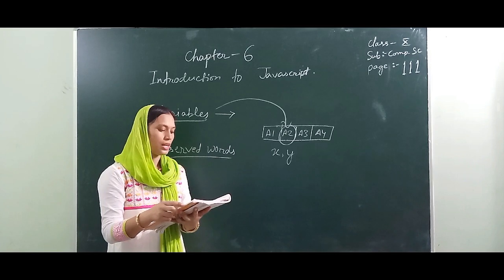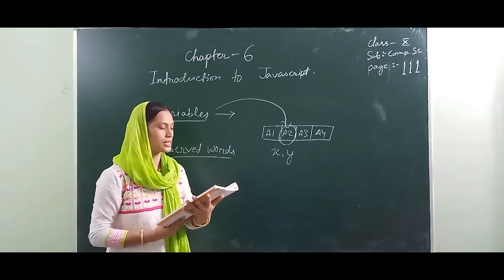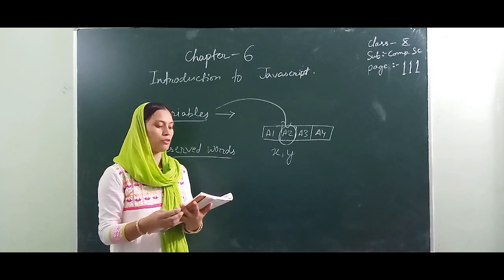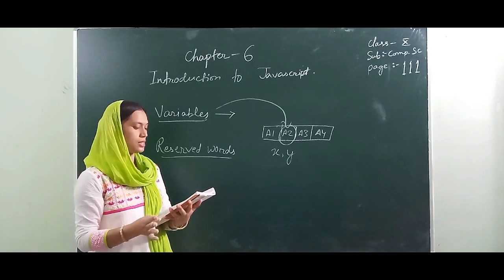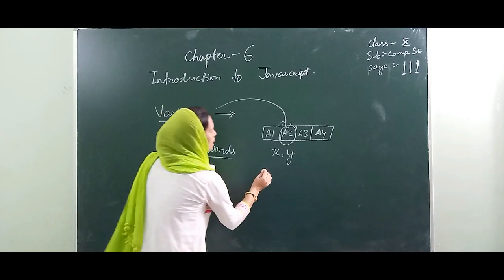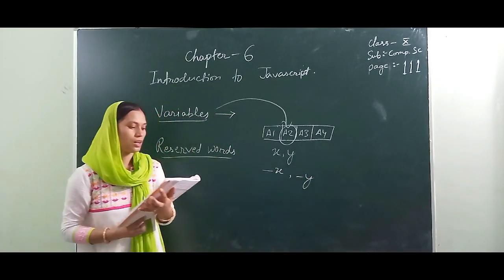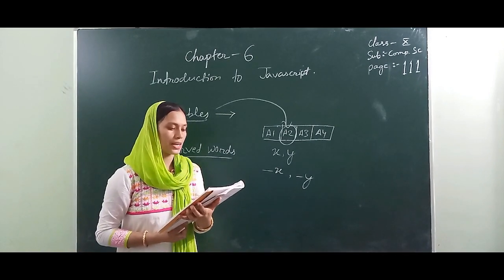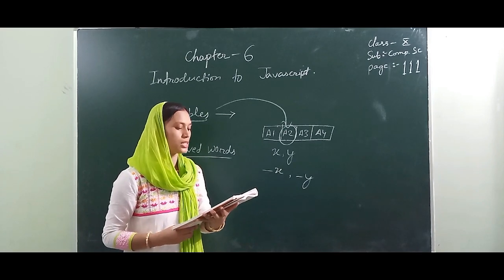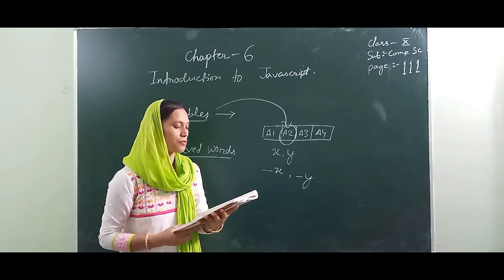Rule number 1. The name must begin with a letter or the underscore character. So when you write this name, you have to begin with a letter, whether A, B, C, D, or you can begin with an underscore. That means in this manner also you can write the name. After the first character, you can also include digits. But remember that it should not start with a digit.